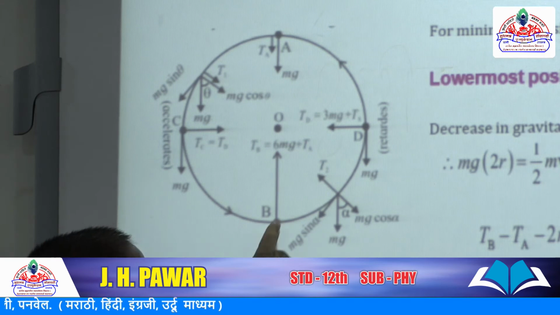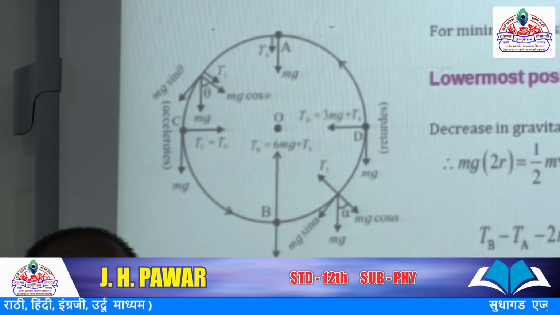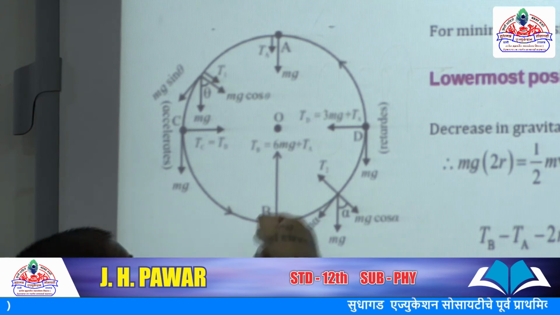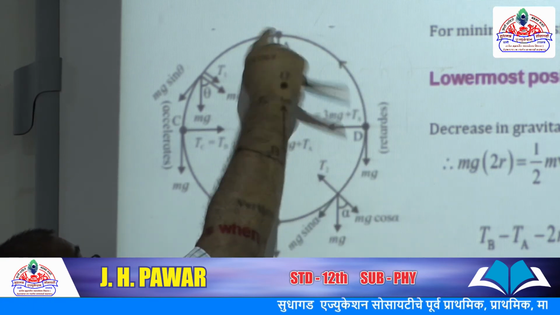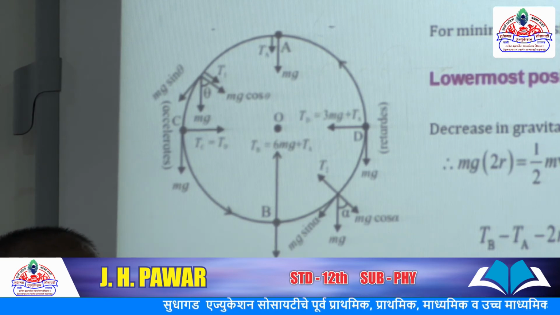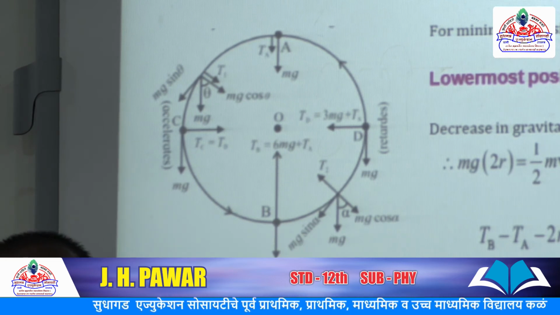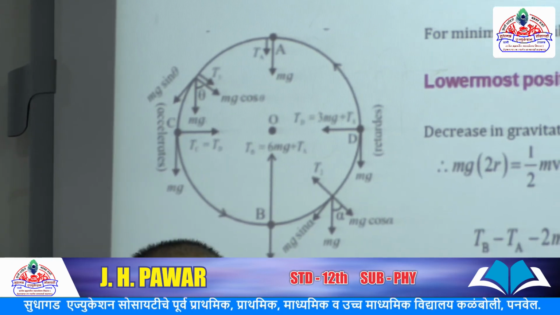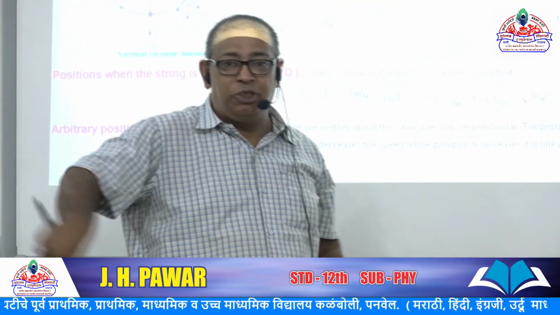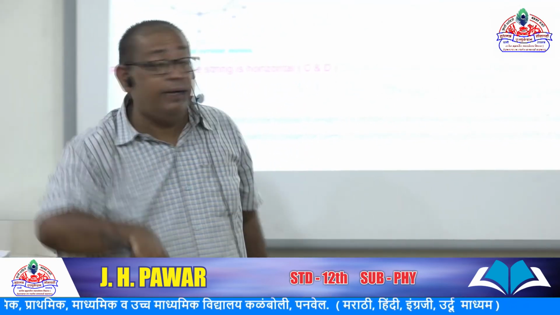At the bottom, maximum speed is there, and no doubt kinetic energy is also maximum. At the top, kinetic energy is converted into potential, so potential is maximum and kinetic is not zero, it is the minimum.